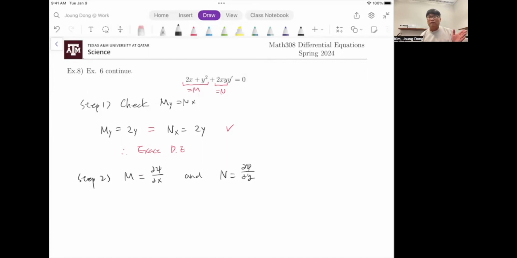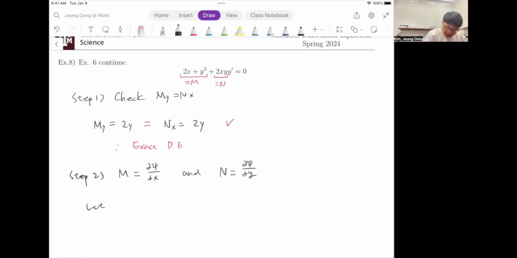If you'd like to start from M, we're going to take the integral with respect to x. And if you'd like to start from N, we're going to take the integral with respect to y. Either way doesn't matter; you're going to have the same answer. So for the practice, this time let me start from N. But you can try to practice with the other one.